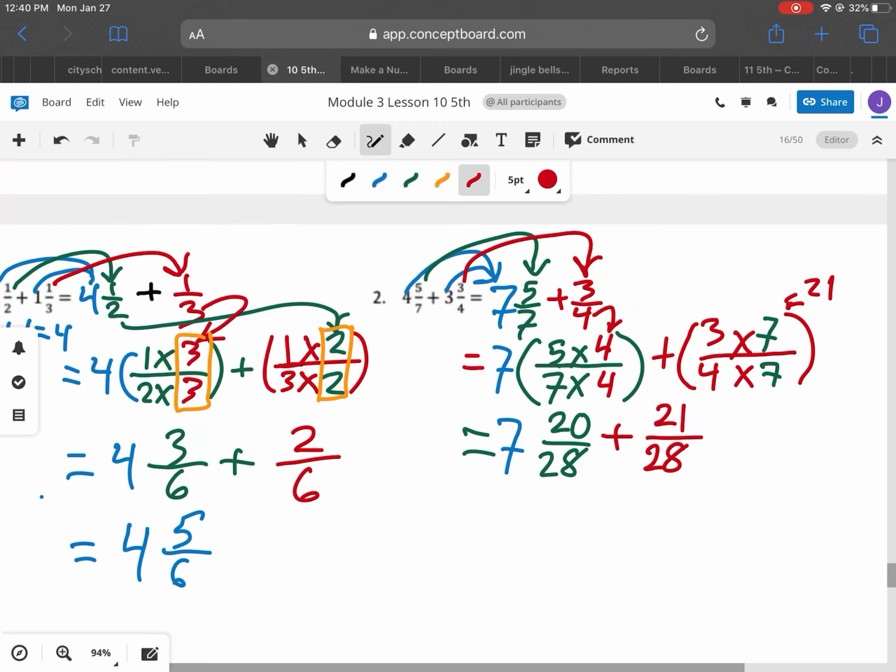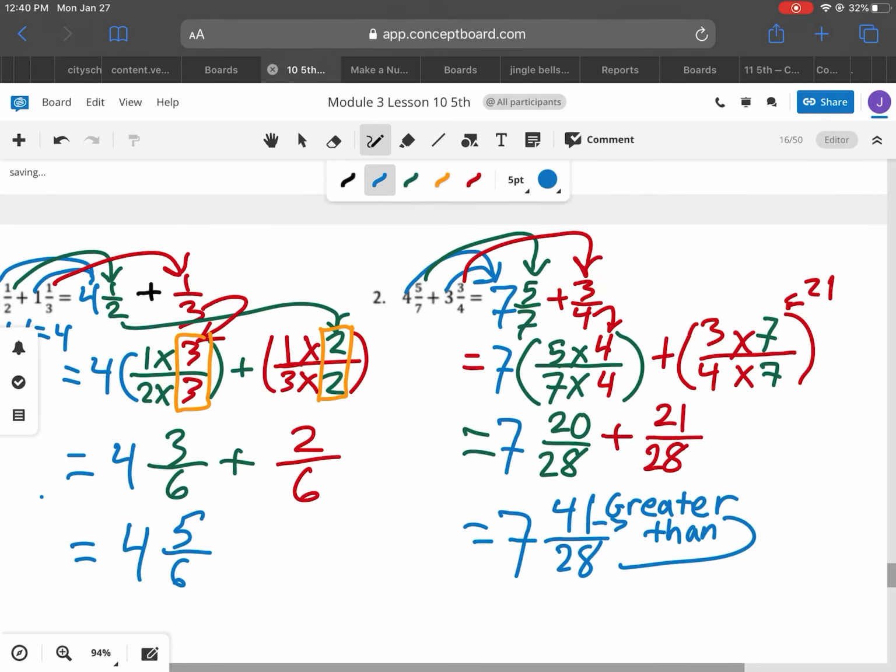Okay. So now we're going to add them together. And we get 7 and 41/28. Now hopefully you see that this numerator is greater than this denominator.